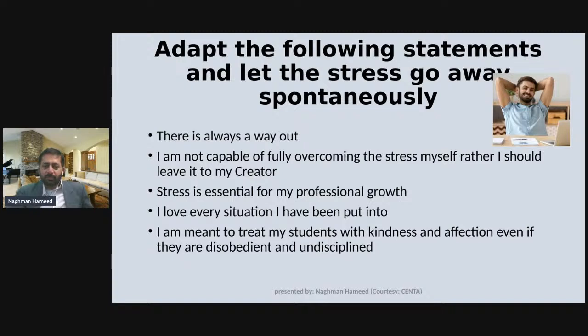All right. I love every situation I have been put into. This is again a statement which shows that we are happy in every situation, right? If something comes to us that is very pleasant, very good, very heart touching, and sometimes we get some situations that are miserable.